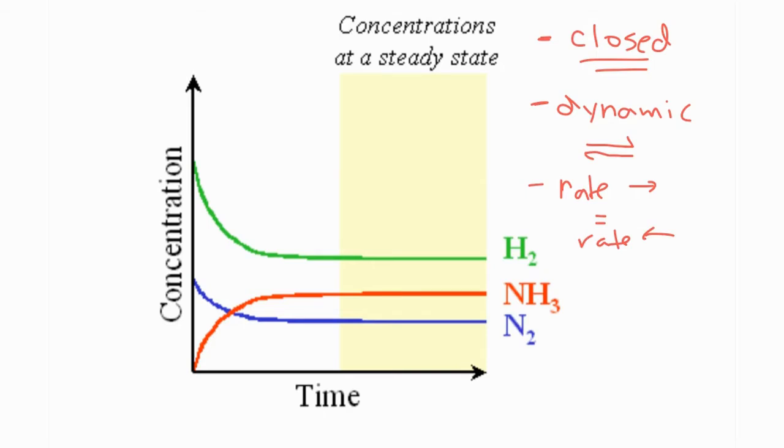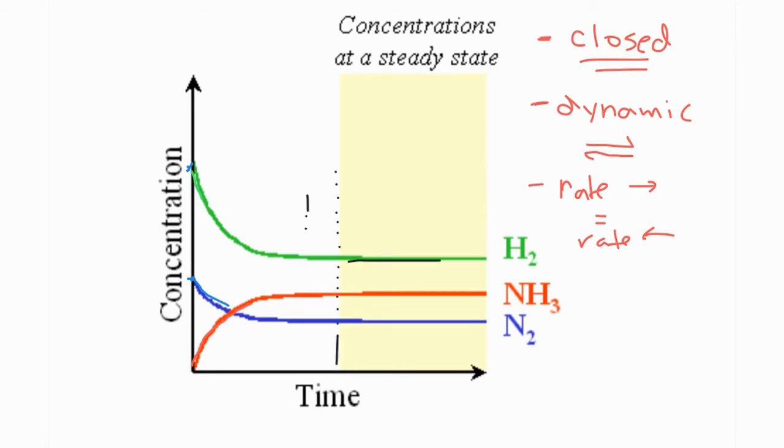If you look at this graph, we initially started with H2 and N2. So this is the Haber process. We start with hydrogen, we start with nitrogen. As time goes on, they go down and NH3 goes up. Now at equilibrium, equilibrium is the point we reach right here where the concentrations are now unchanged.